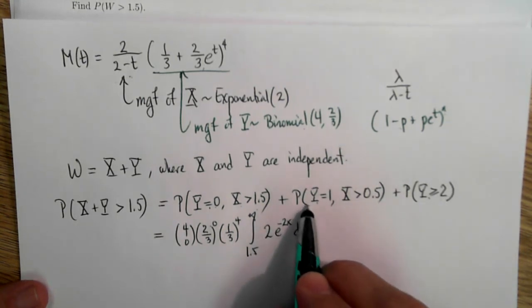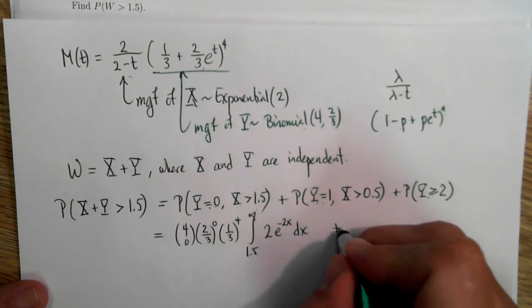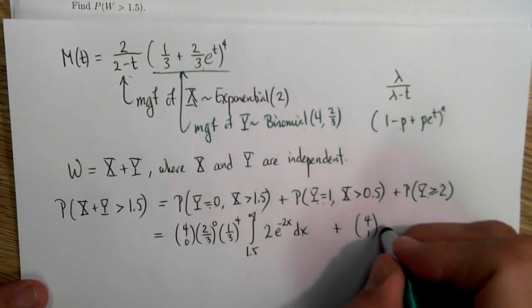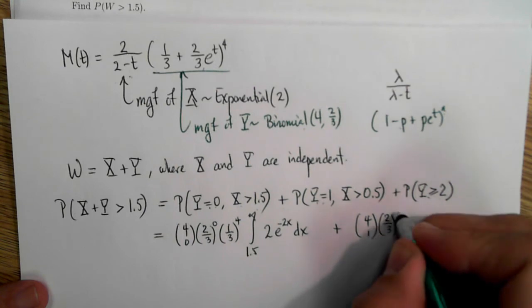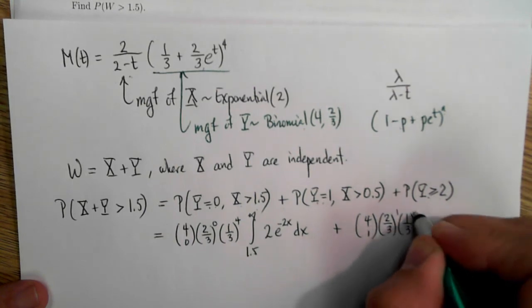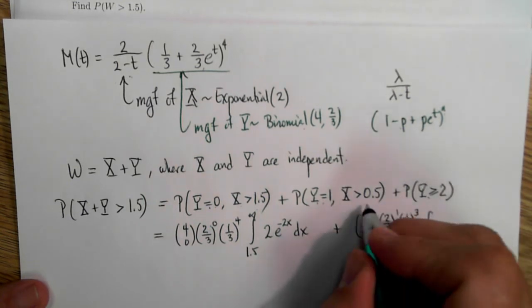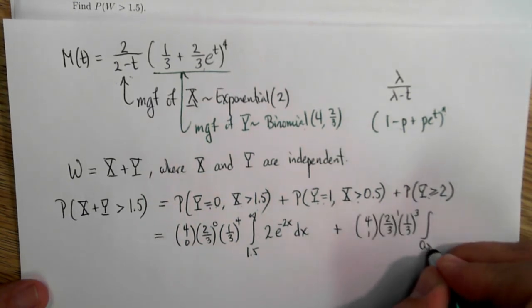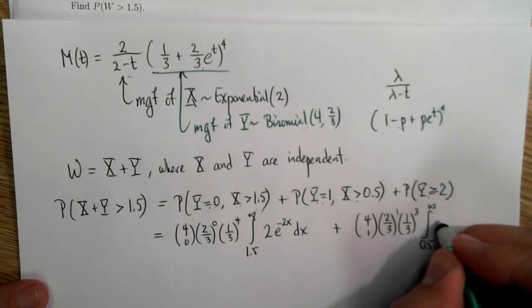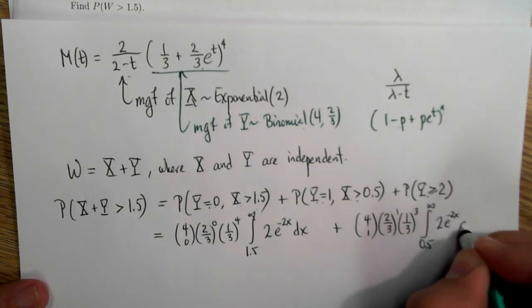Then we have the possibility that y is equal to 1. So that would be 4 choose 1, (2/3) to the first, (1/3) to the third power, times the integral for x bigger than 0.5, so 0.5 to infinity, 2 times e to the minus 2x dx.